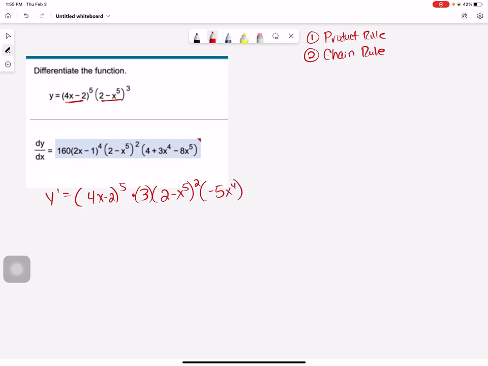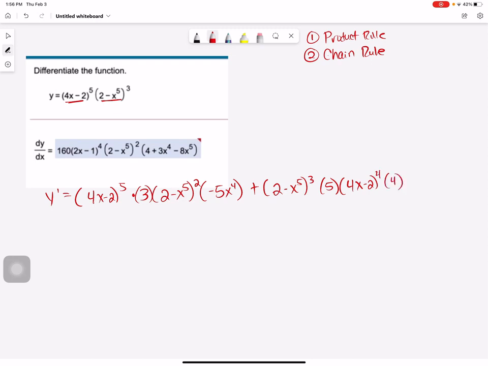Plus the second expression, which is the 2 minus x to the 5th power raised to the 3rd power, times the derivative of the first. So we're going to bring that 5 out front, leave the inside expression the same, subtract 1 from that exponent, and then multiply times the derivative of the inside of that expression.